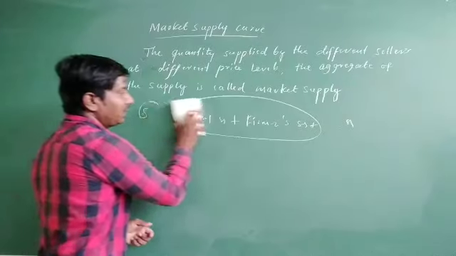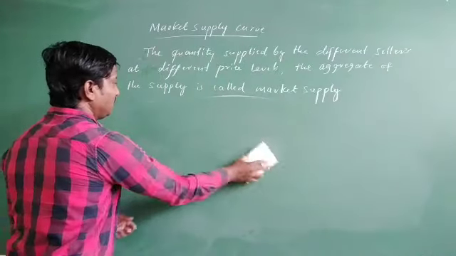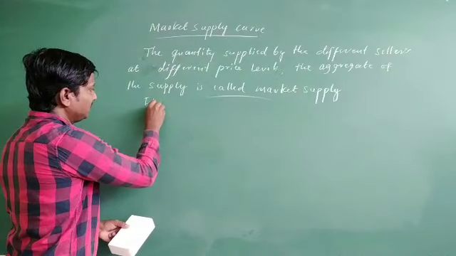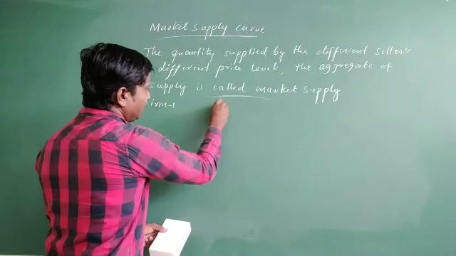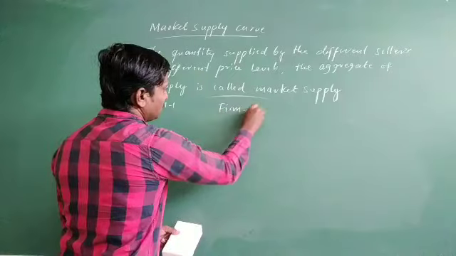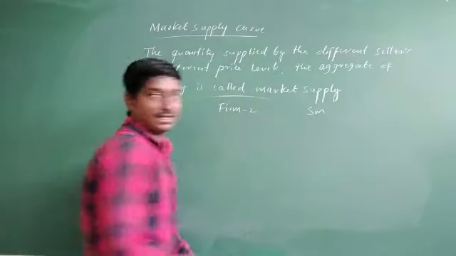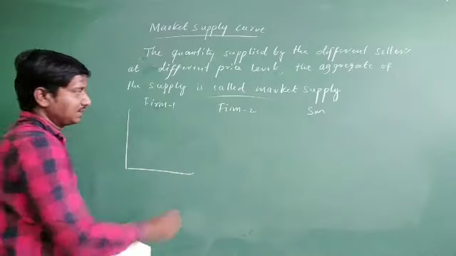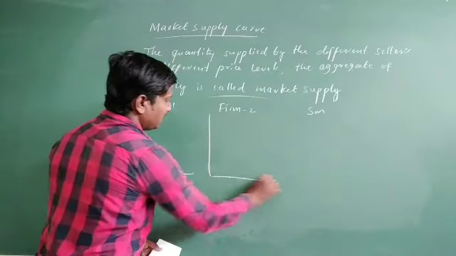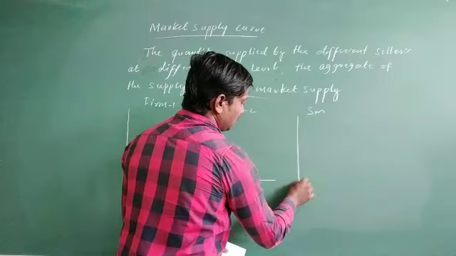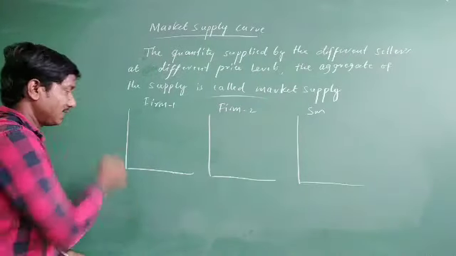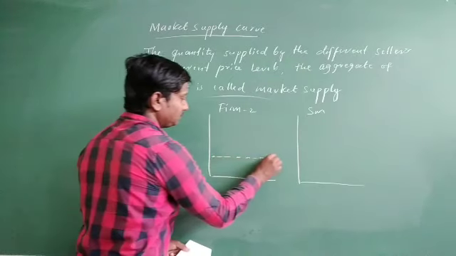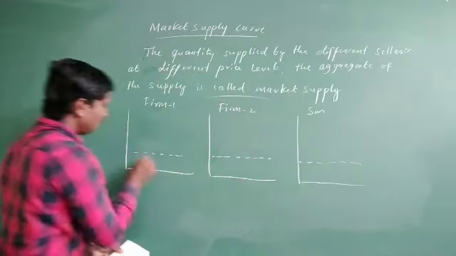Okay, so we are going to understand this with the help of a diagram. So let us come to the first diagram. This is firm 1's diagram, and here I am going to write firm 2, and here market supply curve. So here are the y axis and x axis, and here also the same y axis and x axis, and the third one also has a y axis and x axis. Here we are going to take three price levels.